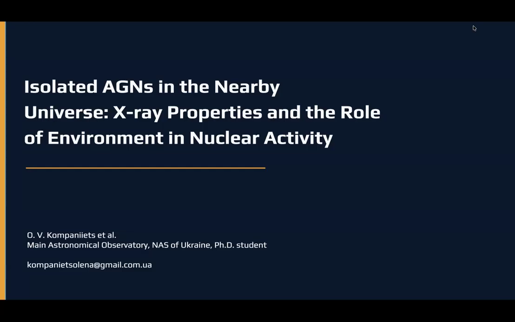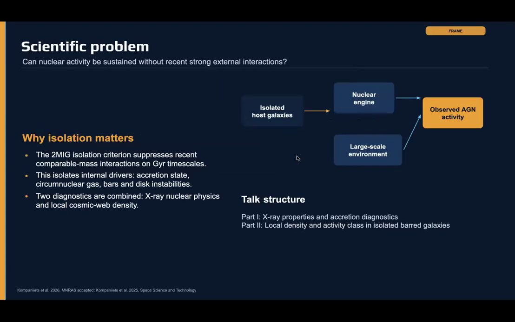So today I will be speaking about our recent research on isolated active galactic nuclei in the nearby universe, about X-ray properties and the role of environment in nuclear activity. My presentation consists of two parts.